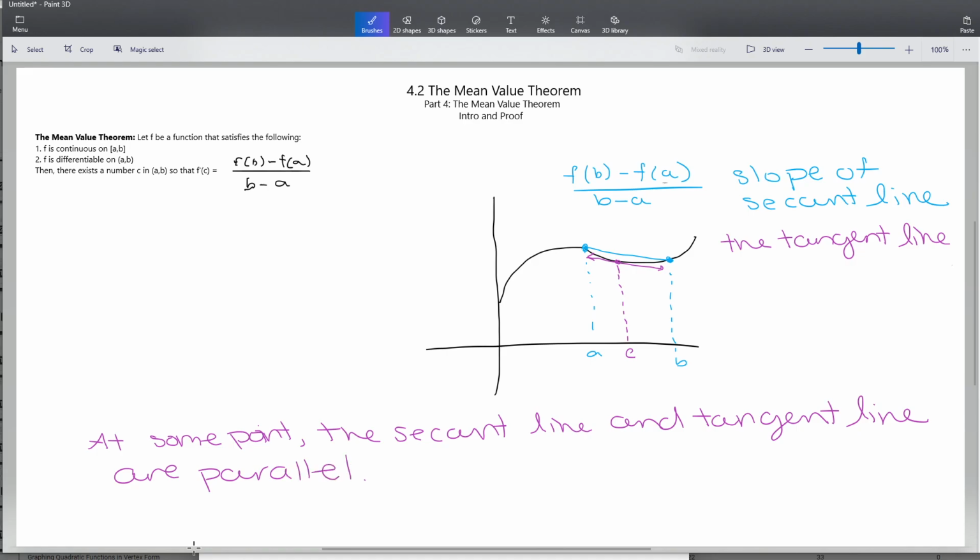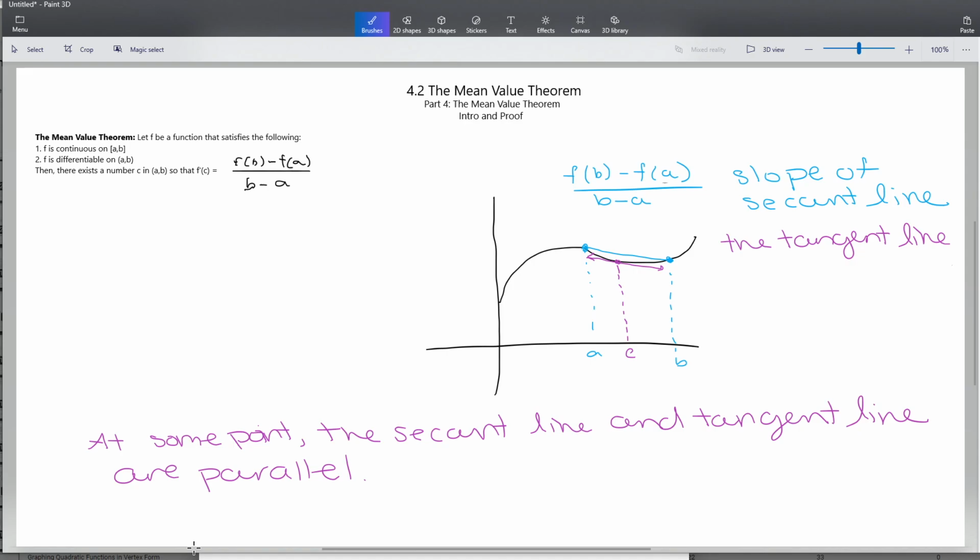So this is really what the mean value theorem means. It's also called mean in terms of average, because we're taking the average value here. But this is showing that this value, which is the slope of the secant line, is equal to the slope of the tangent line at some point.